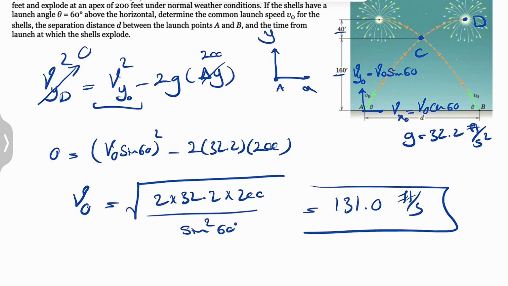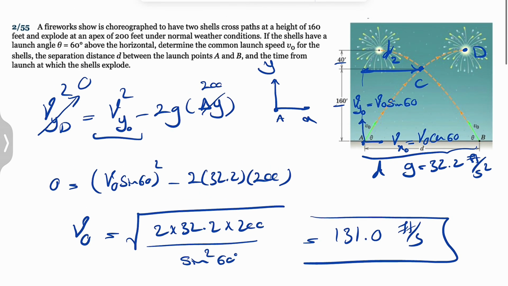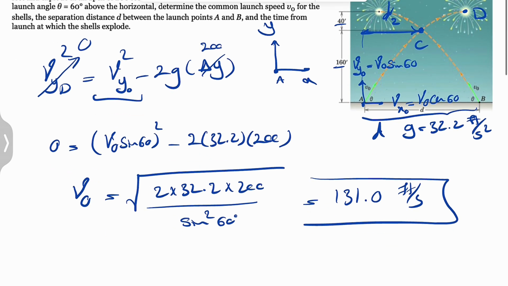Now we can find the time that it takes to get from point A to C. That distance is half of the d in here, because we know this is d, and again, because of the symmetry of the shells and the whole system. Let's figure out the time first. How long does it take to get to point C?